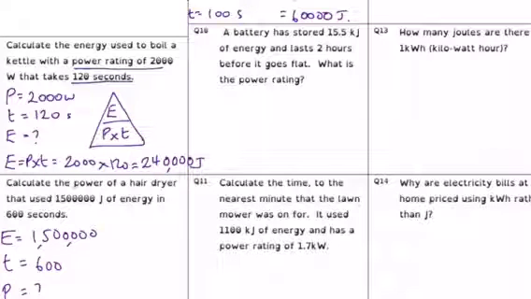For number 10, a battery has stored 15.5 kilojoules of energy and lasts 2 hours before it goes flat. What is the power rating? So, again, we need to do a conversion. So 15.5 kilojoules is 15.5 times 1,000.